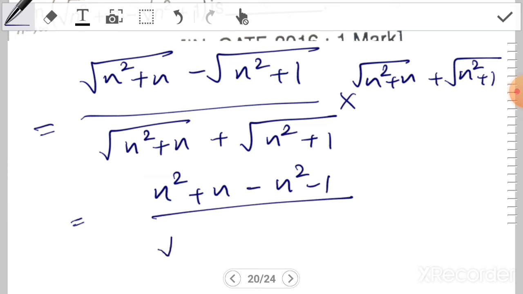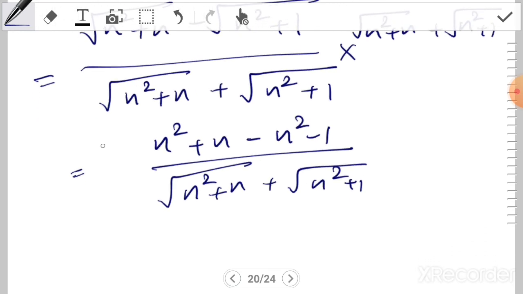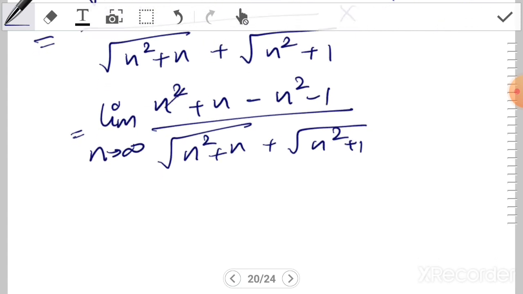Now, limit n tends to infinity. So if you take this, it gets cancelled.